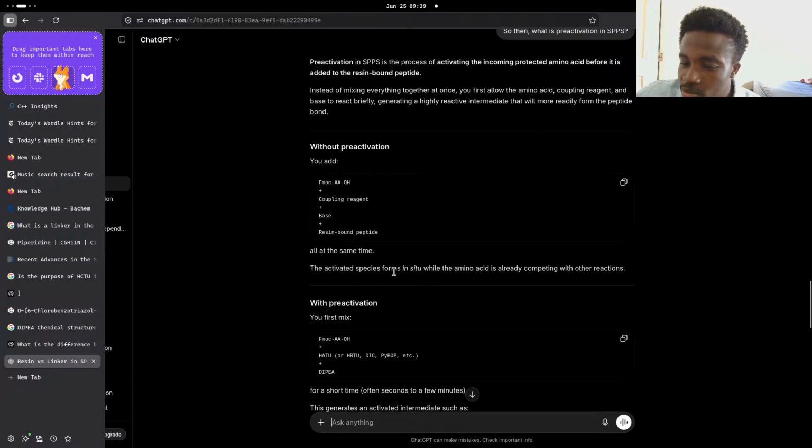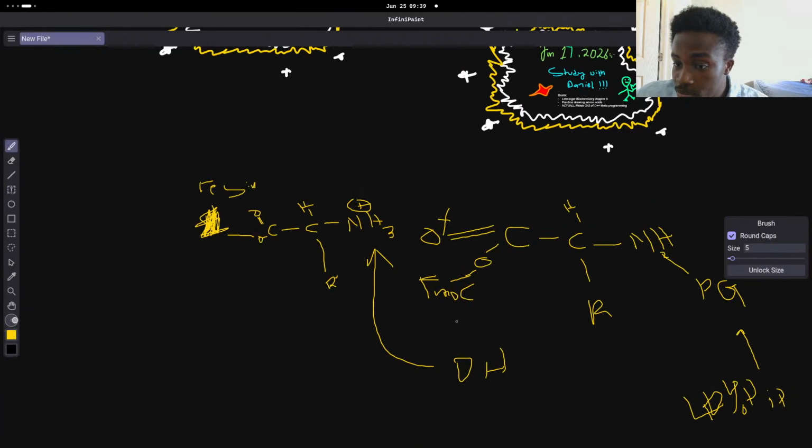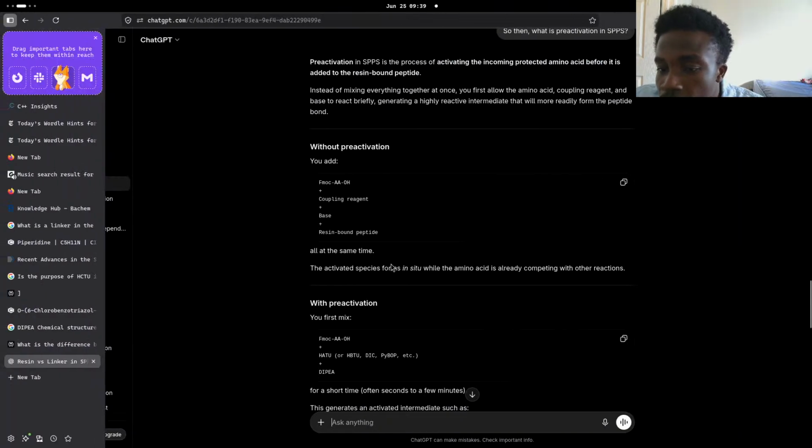The activated species, the carboxylate species right here, forms in situ while the amino acid is already competing with other reactions.